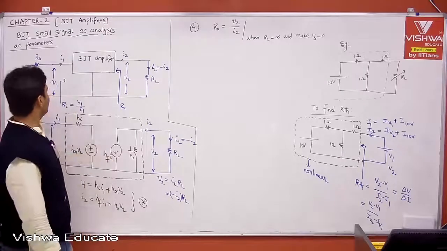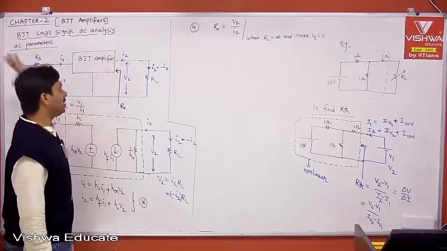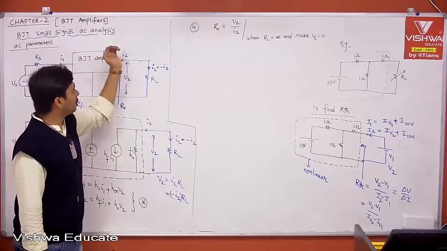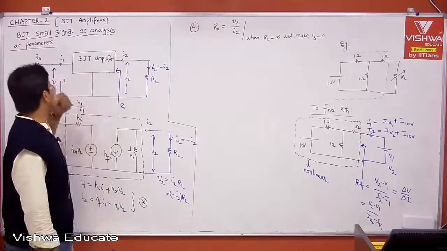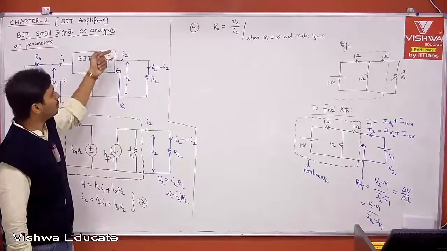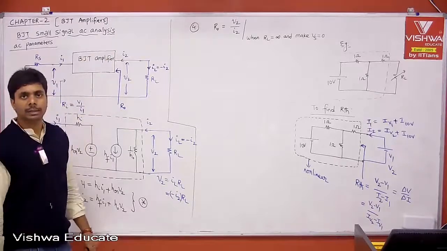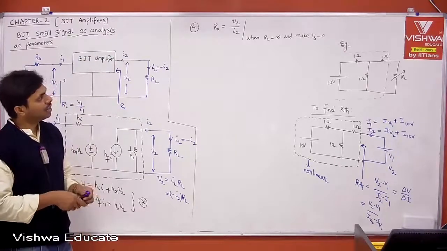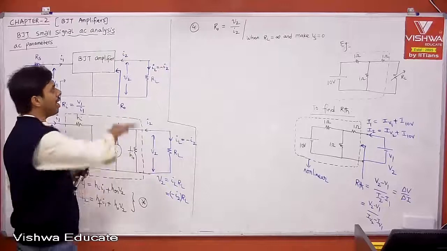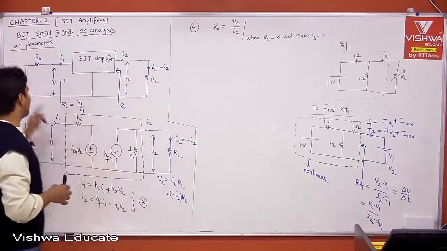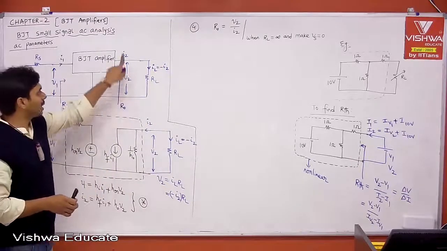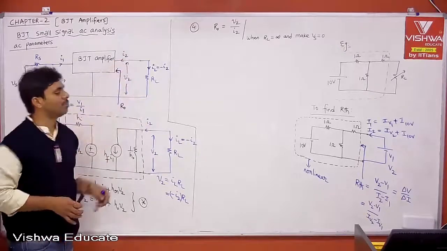Therefore, to not see any output current due to any other reason, I want to see output current only because of the output voltage. We need to inactivate the input source, then you get output current only because of the output voltage. That is the condition: after excluding the load and making Vs 0, apply V2, get I2, and V2 by I2 is the output impedance.